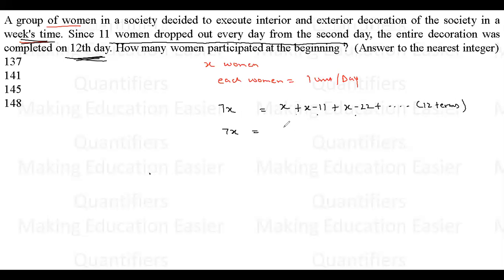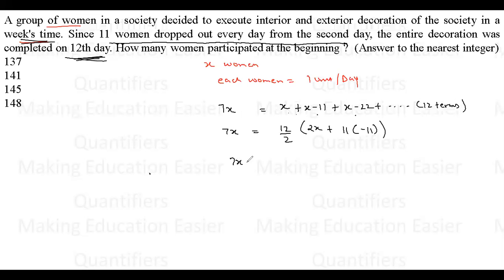So now there are 12 terms. Applying the formula n by 2 times 2a plus n minus 1 times the difference. N minus 1 means 12 minus 1, 11, into the difference, which is -11.